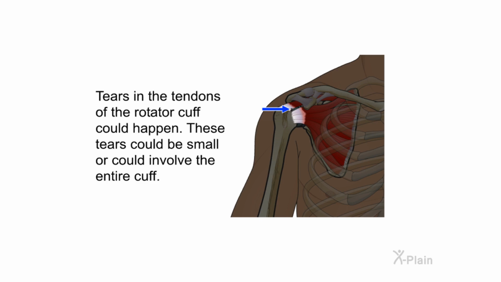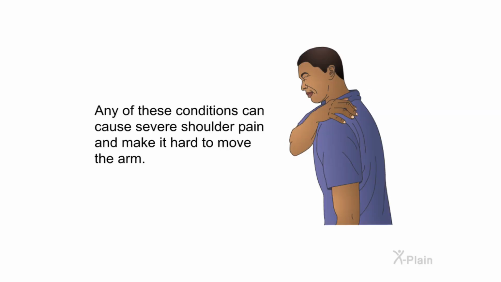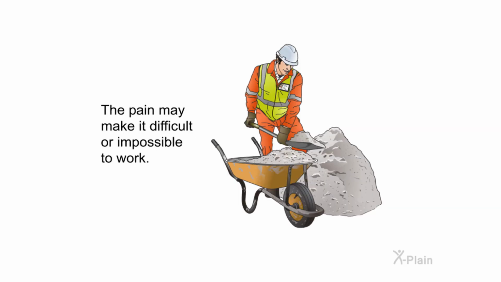These tears could be small or could involve the entire cuff. The tendons of the rotator cuff could become inflamed because of overuse or because they are pinched by the overlying bone. Any of these conditions can cause severe shoulder pain and make it hard to move the arm. The pain may make it difficult or impossible to work.